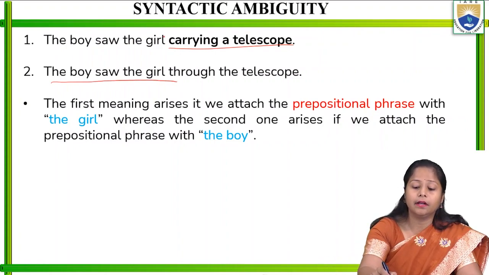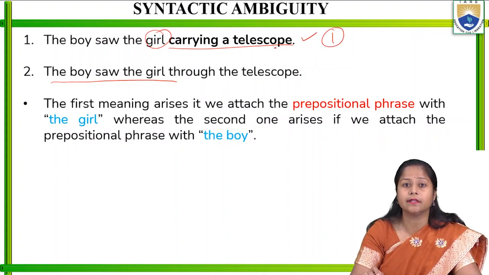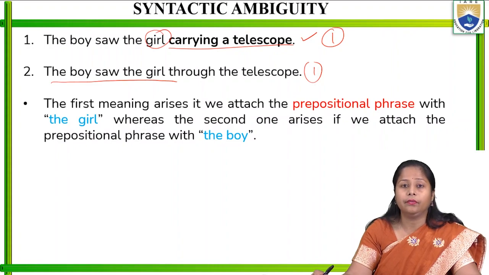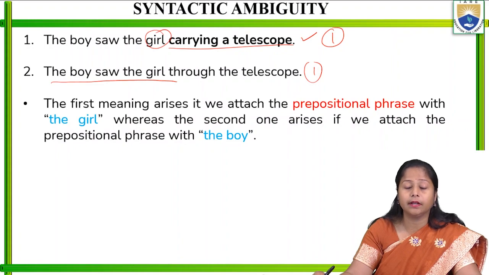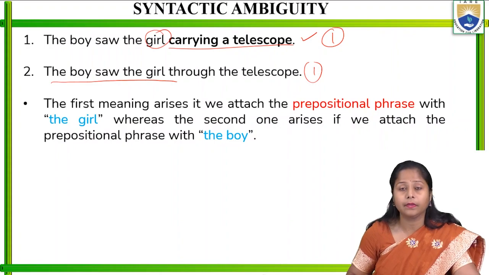Here the girl is carrying a telescope in the first sentence, and in the second sentence the boy himself saw the girl using the telescope. So the first meaning arises when the prepositional phrase with the telescope is attached to the girl, whereas the second one arises if we attach it to the boy. So that is the interpretation of this type of ambiguity, attachment ambiguity.